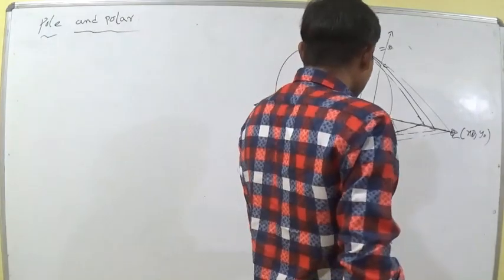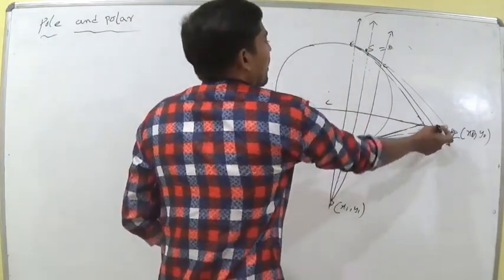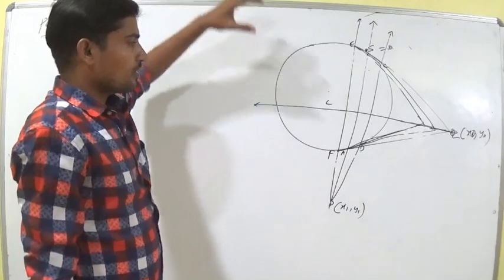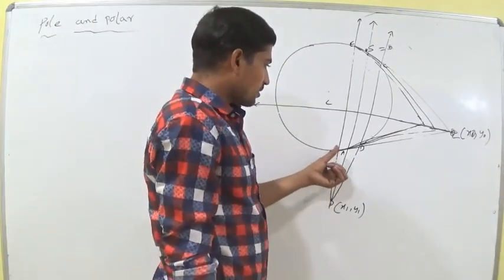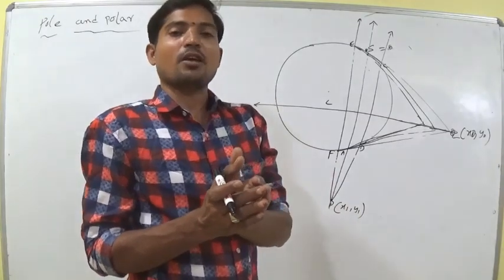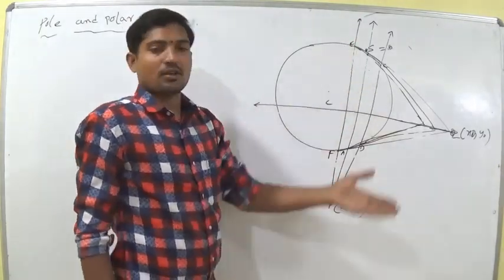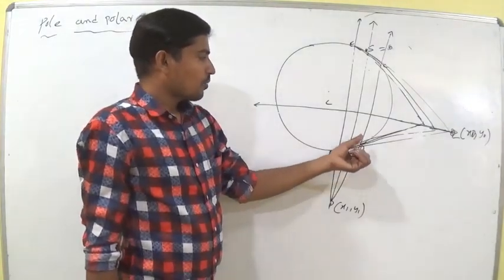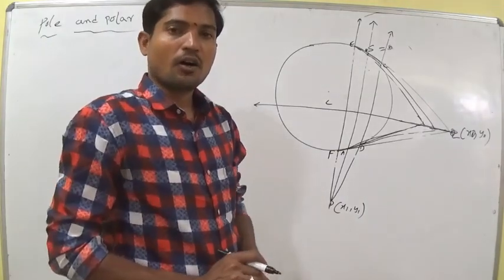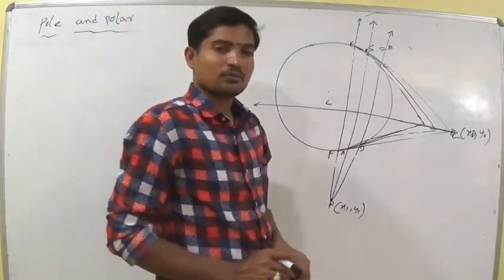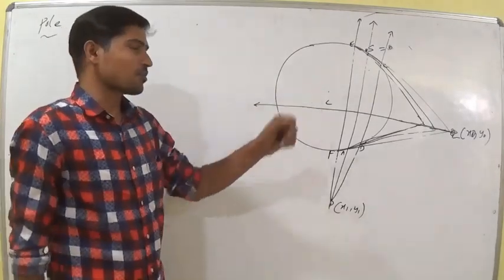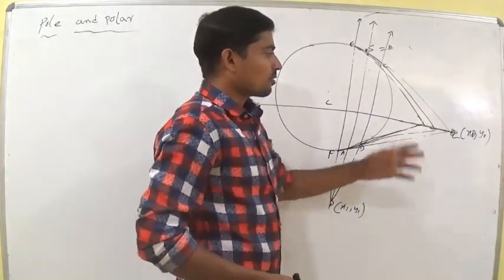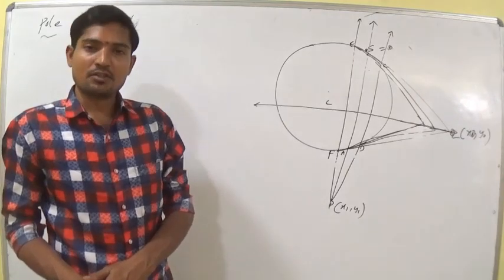See, here is the intersecting point of tangents. The tangents are drawn from the points of contact of chords of a circle, I mean to say the extremes, which intersect at a point.